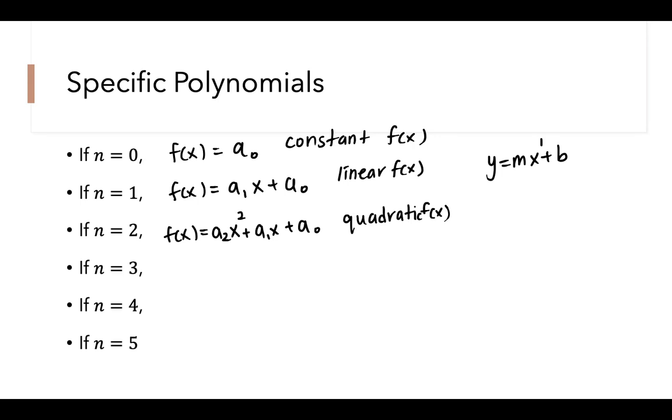If the degree is 3, we call it a cubic function. If the degree is 4, it's a quartic function, and a degree of 5 is a quintic function. We usually do up to degree 4 or sometimes 5, but these are the special names for each polynomial.